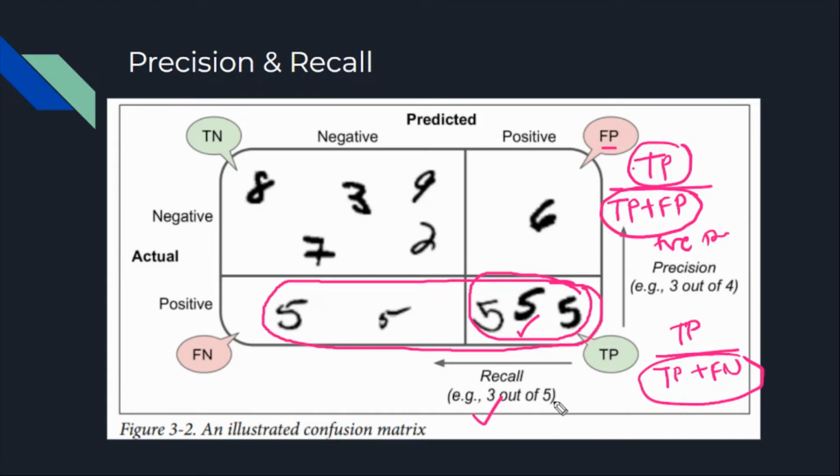So out of 5, only 3 values get predicted. This is called the recall term.